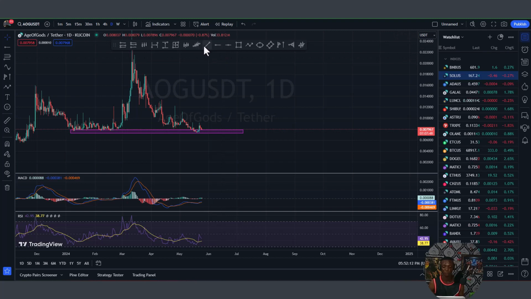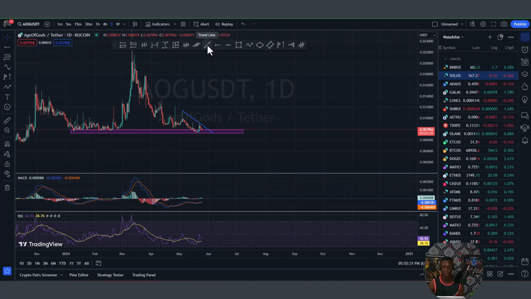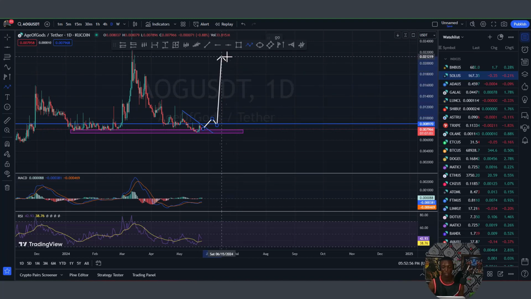So if we use our trend line tool and draw it right here, and if there is a support here too, as you can see, there is a lot of support right here. So what we'll be waiting for right here is for this to break above, retest here, and also give us a very nice move to the upside.